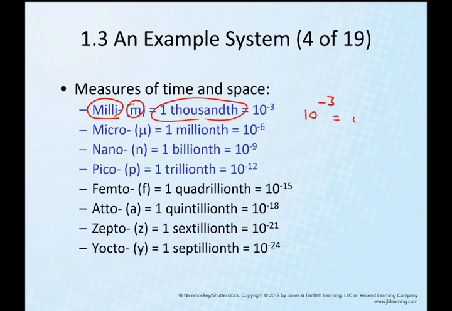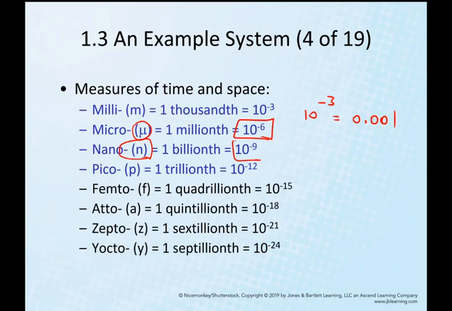Micro, we show it with mu, and it's 10 to the negative 6. Nano, we show it with n, it's 10 to the negative 9. And pico is p, it's equal to 10 to the negative 12, and we have femto, atto, zepto, and yocto.